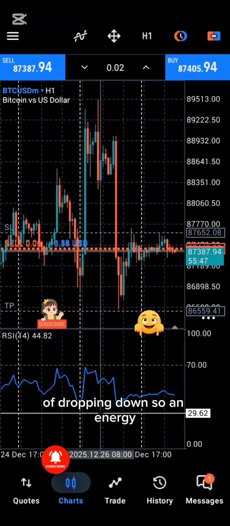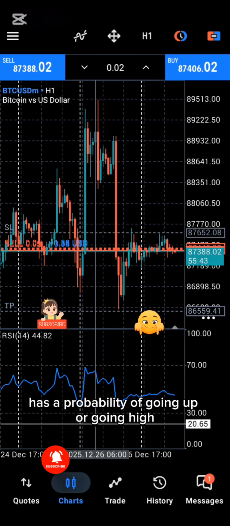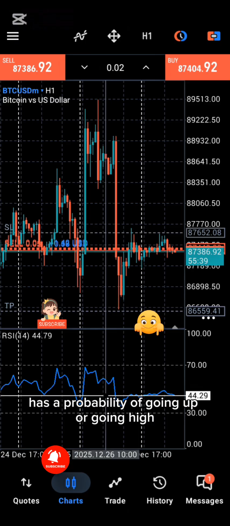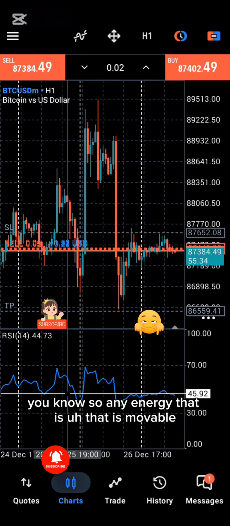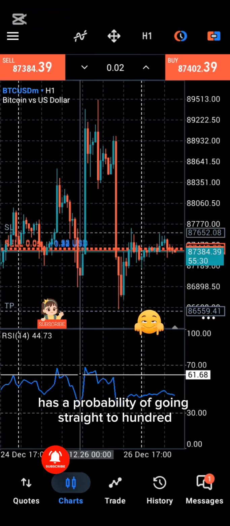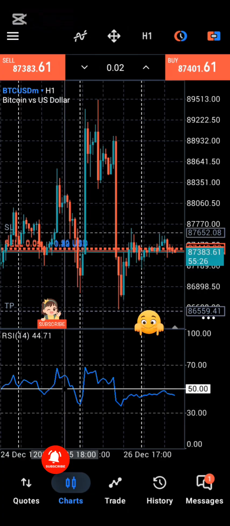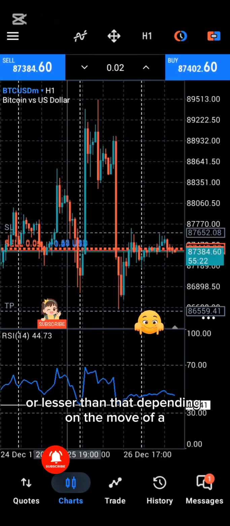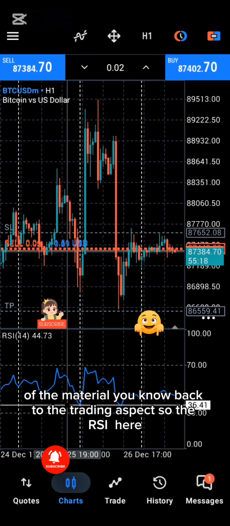So an energy, kinetic energy, that starts from zero has the probability of going up, you know. Any energy that is movable and starts from zero has a probability of going straight to 100 or 50 or lesser than that, depending on the move of the matter or the weight of the material.